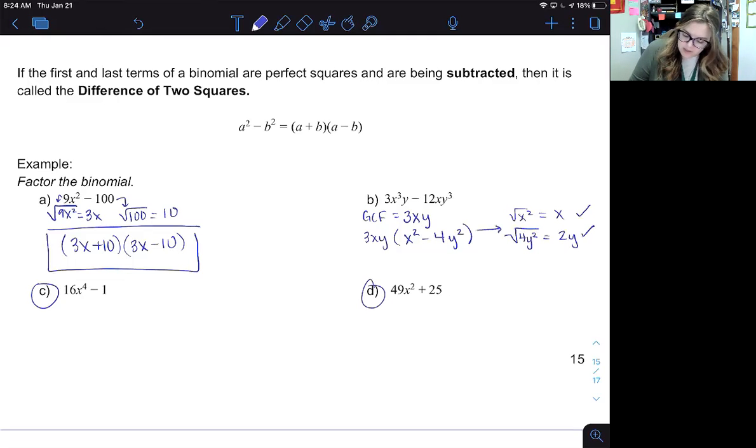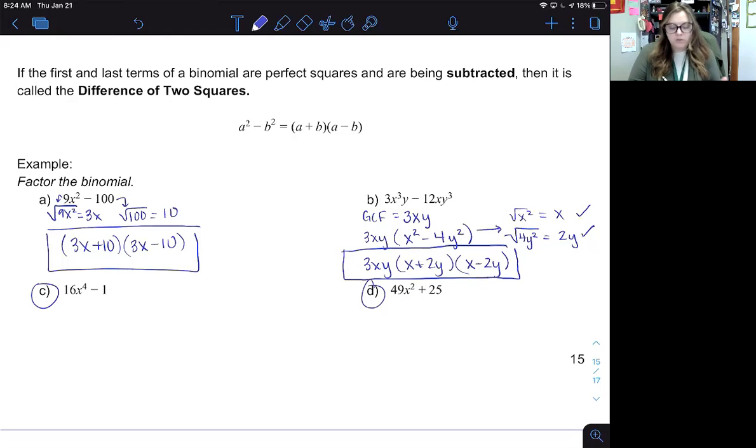So we can rewrite this. 3xy times two binomials, and we have x plus 2y and x minus 2y. Because we're always going to write a positive and a negative for those binomials. All right, so I want you to try C and D, and we'll go over those in class tomorrow.